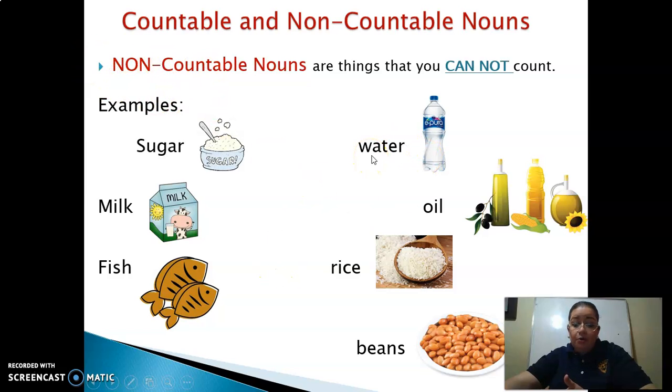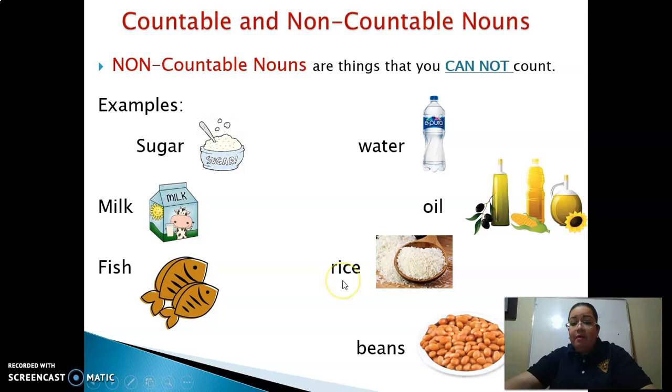Water. You cannot count the water, only the bottles of water, yes, but the water by itself is non-countable. Oil, canola oil, olive oil, corn oil, sunflower oil. So the different oils that you use to cook your food.